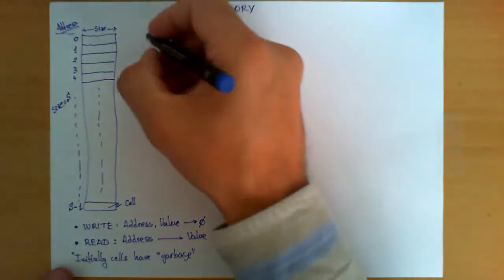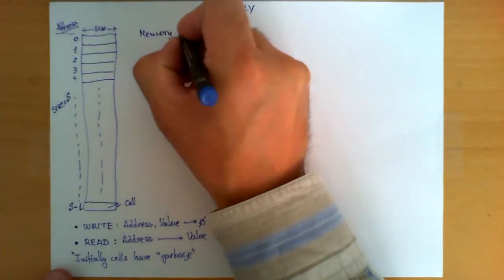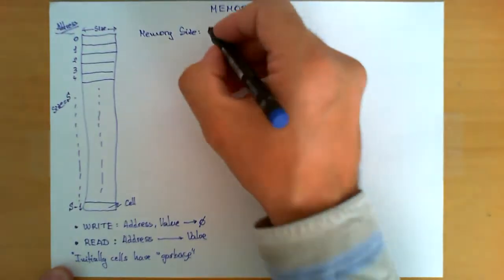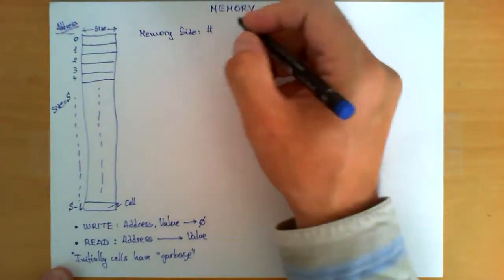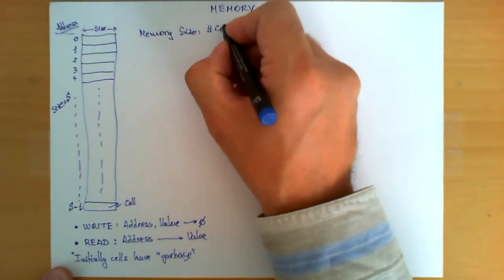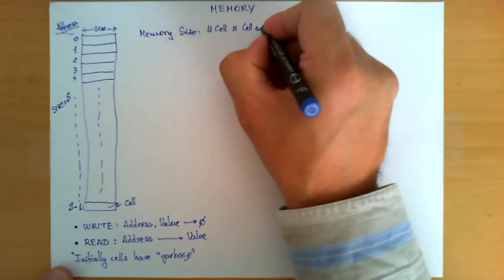Now let's talk briefly about memory size. As you can see, the size of one of these tables depends on the cell size, and the formula to obtain the memory size is the number of cells in your memory times the cell size.